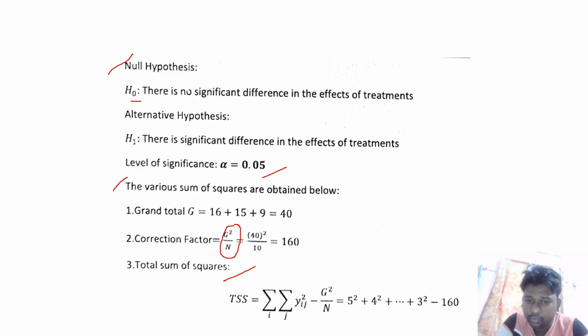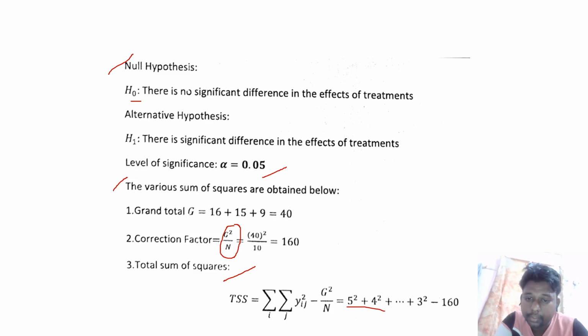Here yij is every single value. We have 10 plots, right? For 10 plots, there are 10 yield values. For every value we square it and add them, the sum of squares, and then subtract the correction factor. We are going to get this value. In the question we have values like 5, 4, 3.